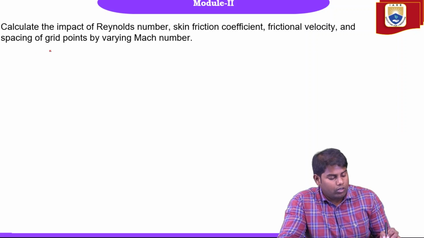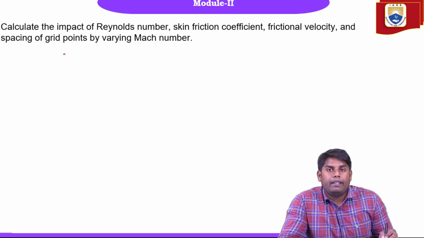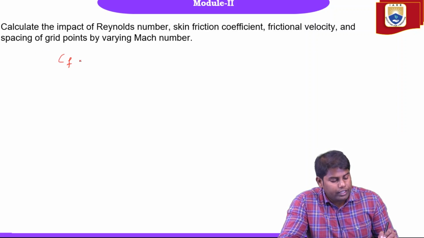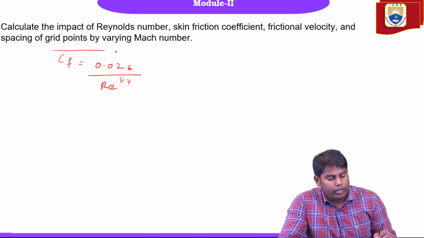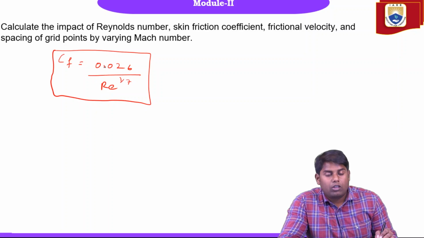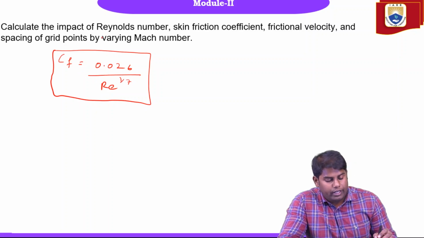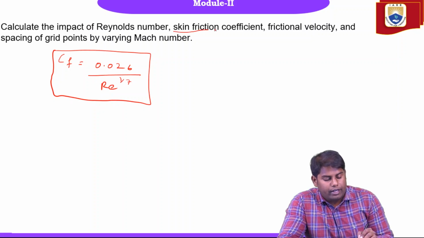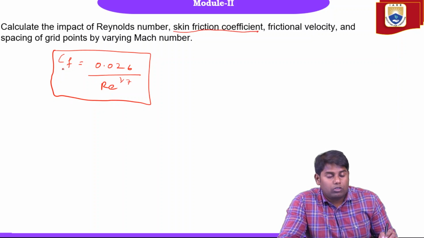now we know the Reynolds number, so let us calculate the skin friction coefficient. Cf is equal to 0.026 divided by Re to the power of 1 by 7. So we have this formula to calculate the friction coefficient.